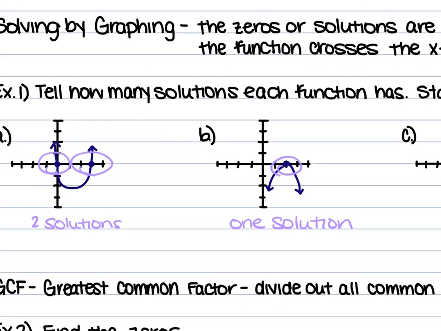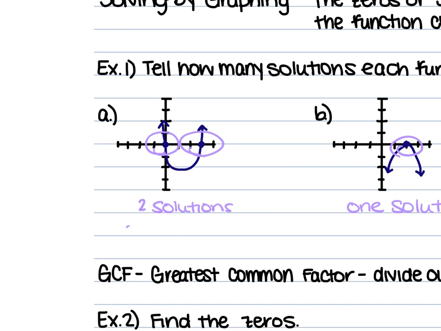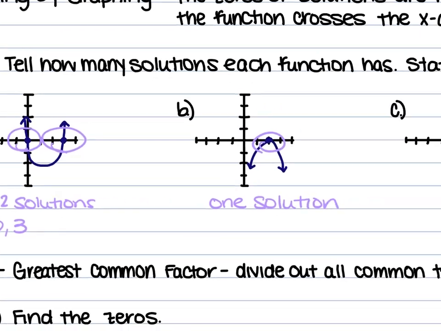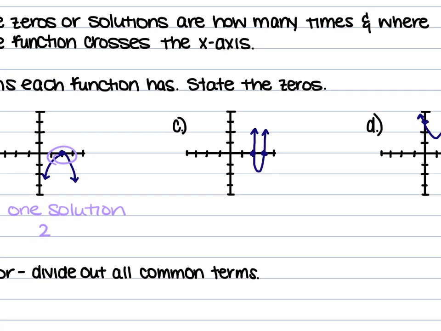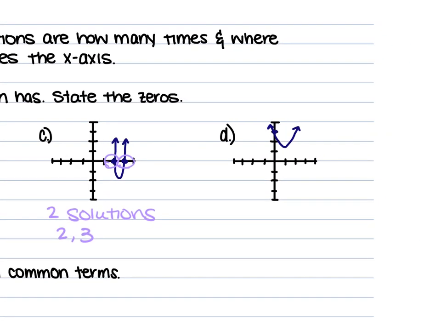We are stating the 0. So for a, we had 0 and 3. For b, we have 2. For c, we have 2 as well, and those are 2 and 3. And then for d, we have no solution.